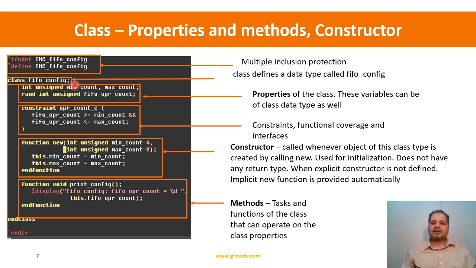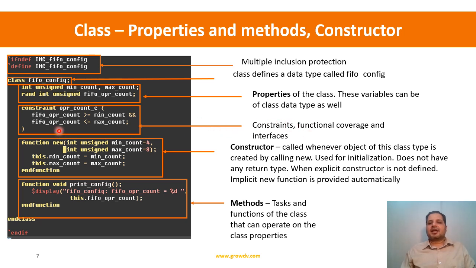So it had the instances of those. Okay, so any data type can be declared over here, and you can as well declare another class itself as a property, and you can add this additional qualifier rand. We will see more about it in the session on constraints. We have already seen the overall usage of randomization in the FIFO test bench.